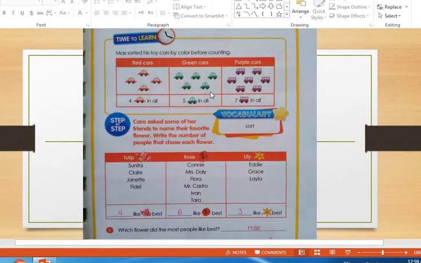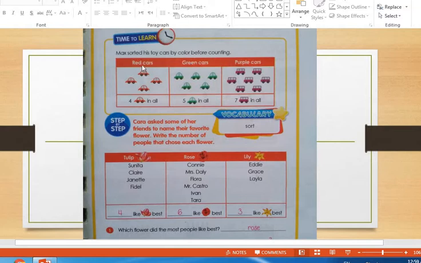Data means information here. Max sorted his toy cars by color before counting. So he organized his cars by color.